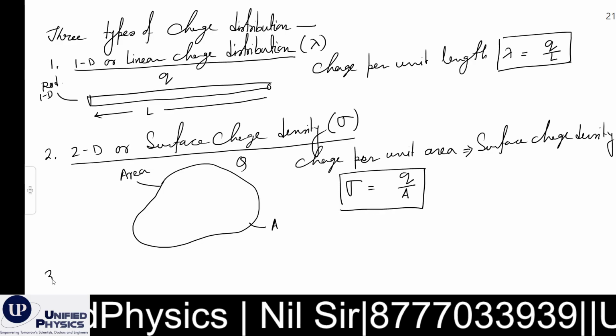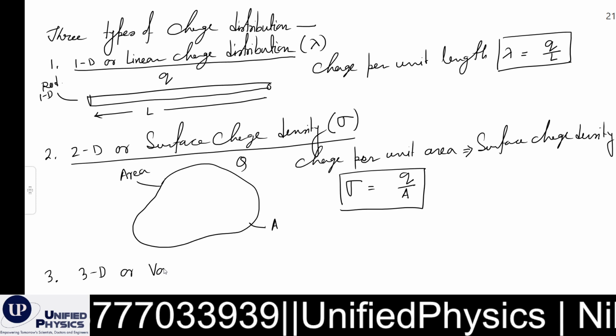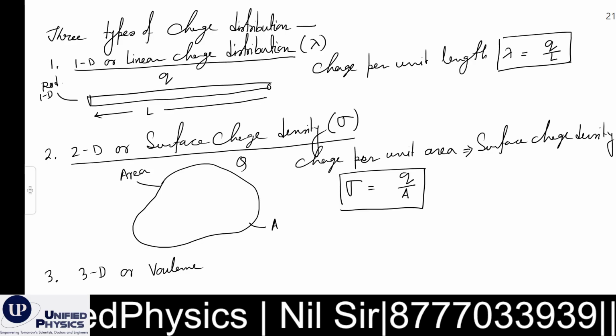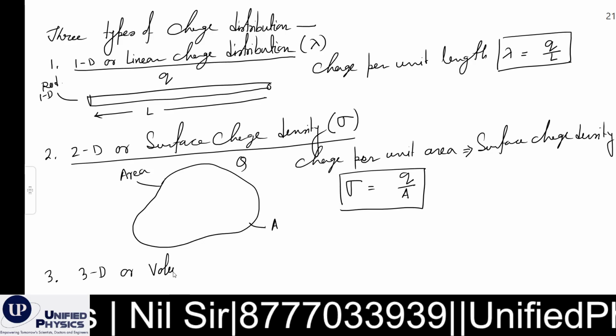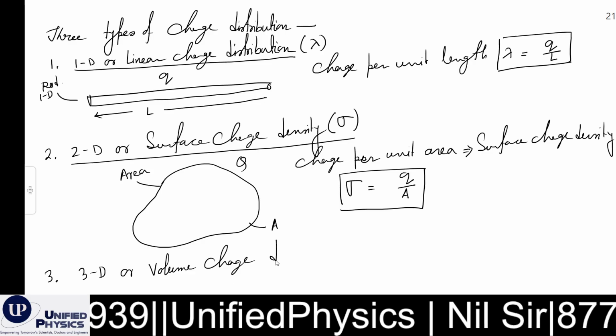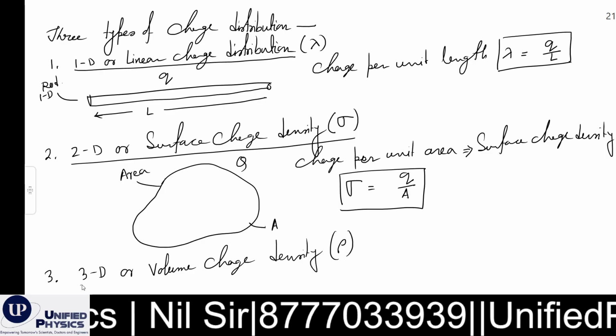And the third type is 3D charge density or volume charge density, and it is denoted by rho.